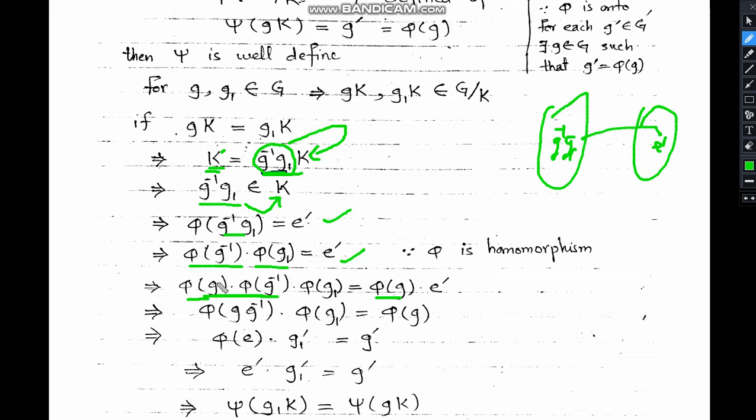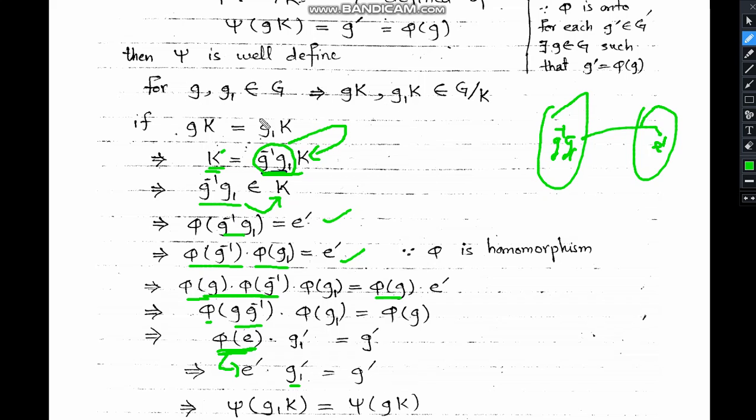We are taking these two elements simultaneously, and these are being mapped on identity. So this will be the mapping of identity, and we know that identity is always mapped on identity in G dash. So this result is equivalent. It means g1 dash is equivalent to g dash.